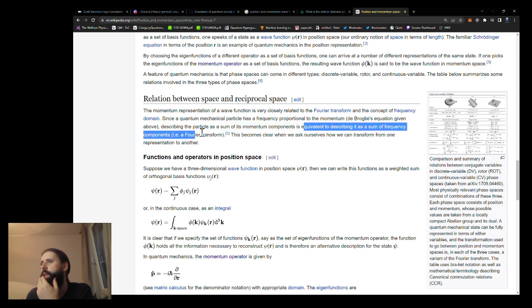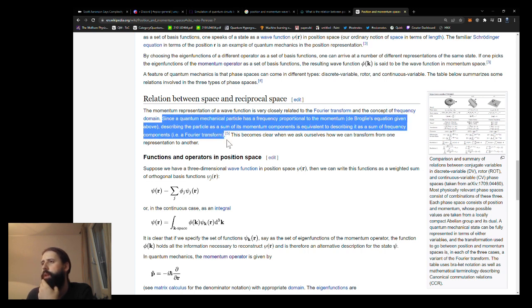Okay, so that's why. I had never paid attention to that sentence in more detail, but it's actually fairly simple. That's why. It's because the momentum is proportional to the frequency.